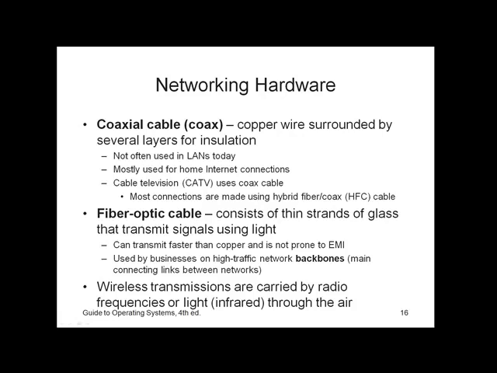Fiber optic cable is significantly more expensive than twisted pair, and therefore we don't see it usually inside building infrastructures. We usually use it for backbone infrastructure connectivity. Now, wireless transmissions are carried typically by radio frequencies or light through the air.